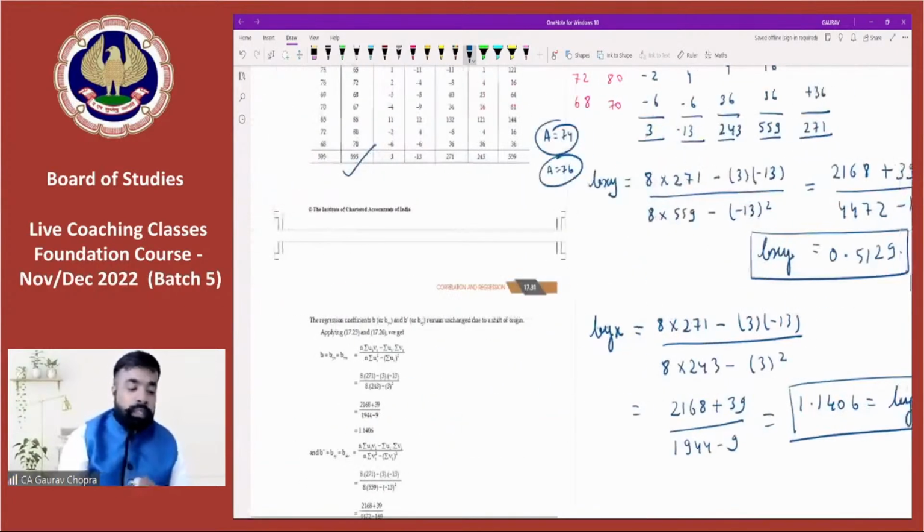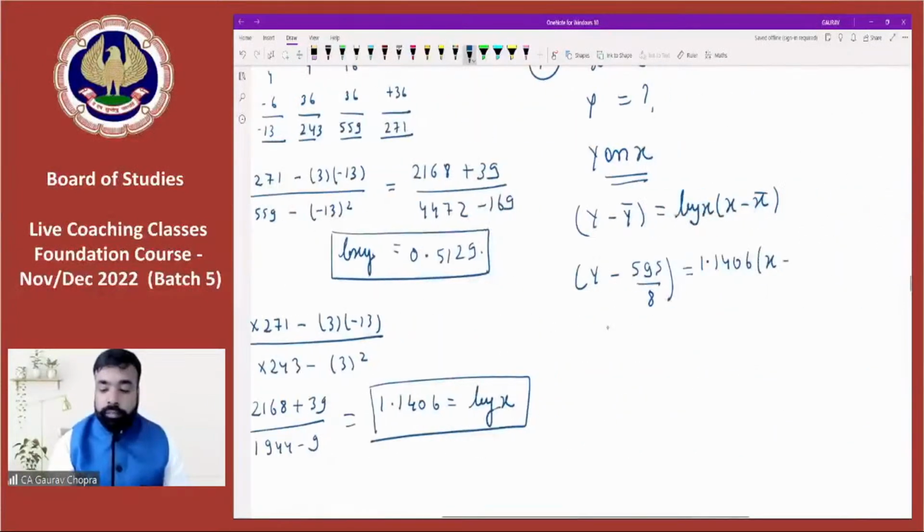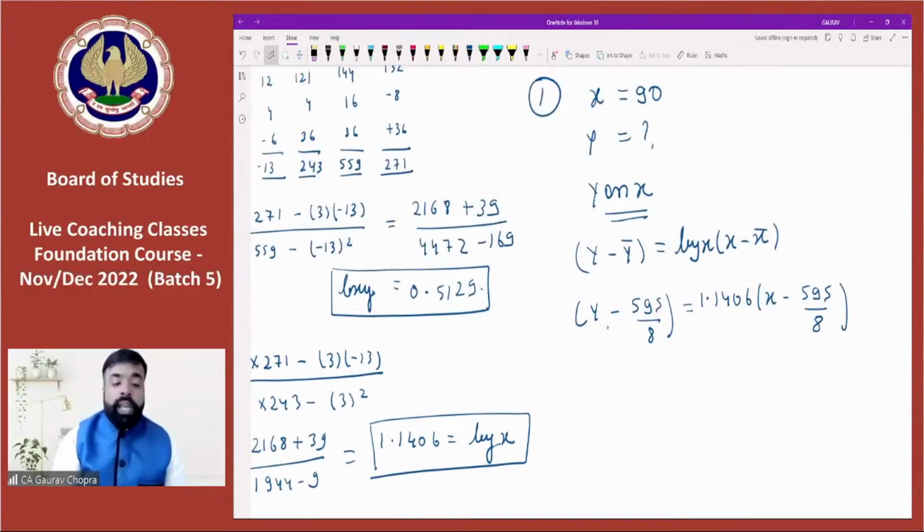Now what is the total of x? It is the same, 595, and then divided by 8. Now here, since the value of x is given, in place of x we can now write 90. So let us write 90 here because it is given. Now we can simplify and get the result.